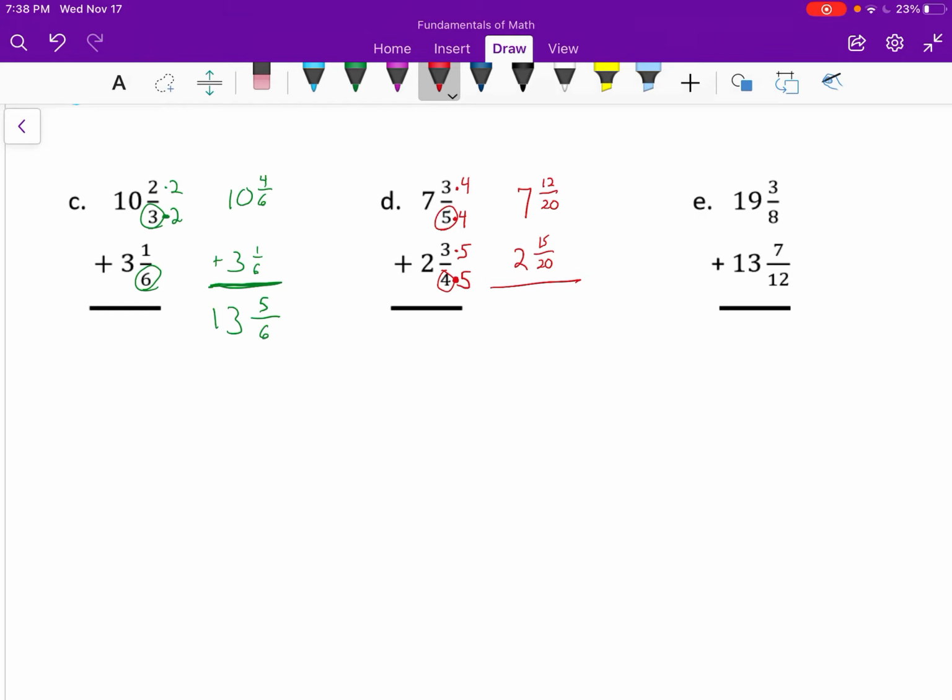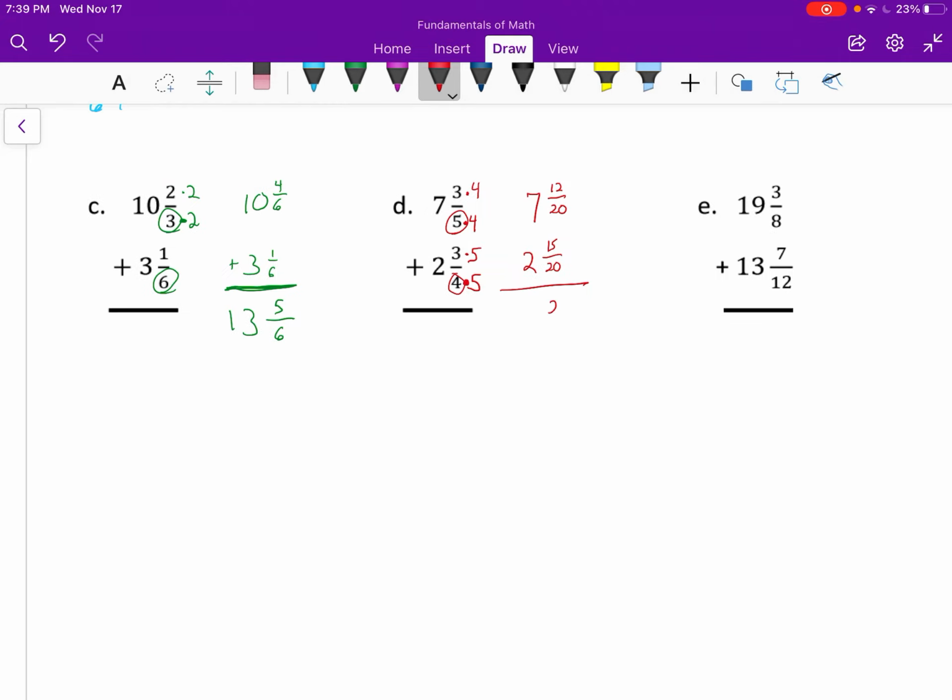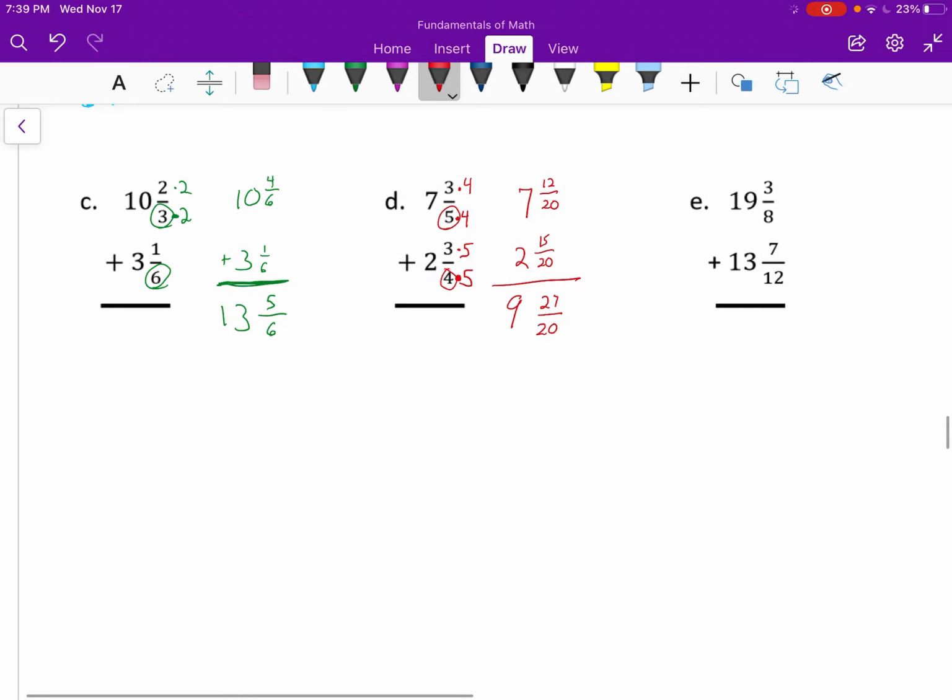Adding those, 15 and 12. 12 plus 15 is 27/20. 7 plus 2 is 9. Now this 27/20, it's not acceptable to leave it like that because this fraction part is improper. So we can do 20 into 27.